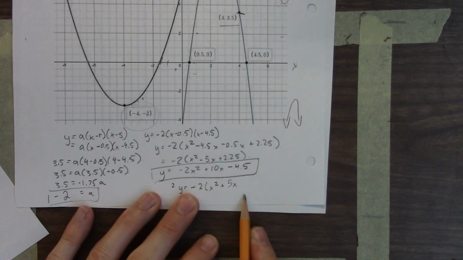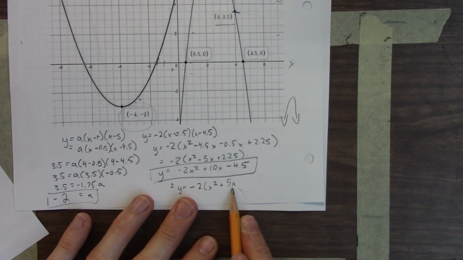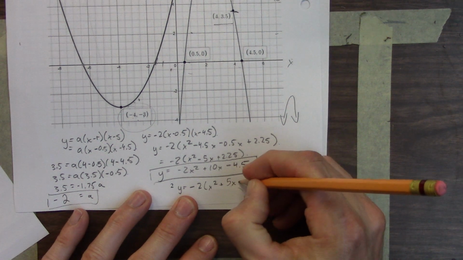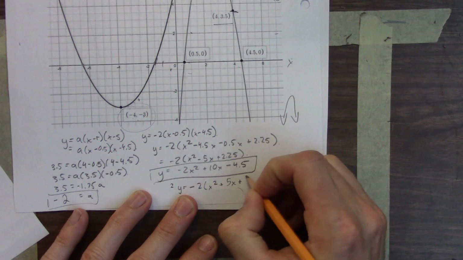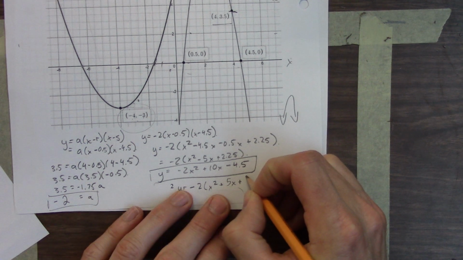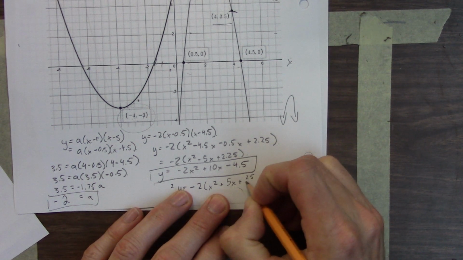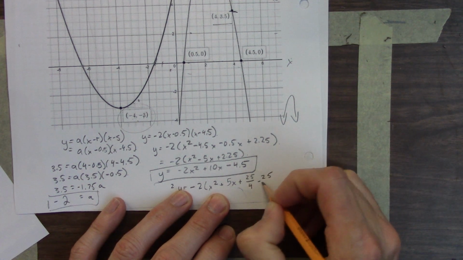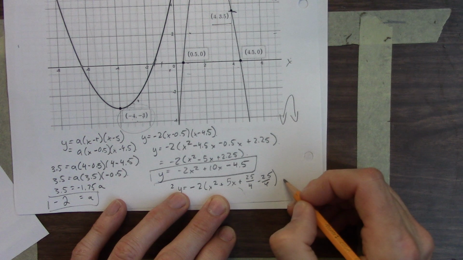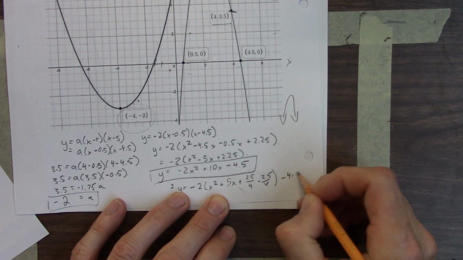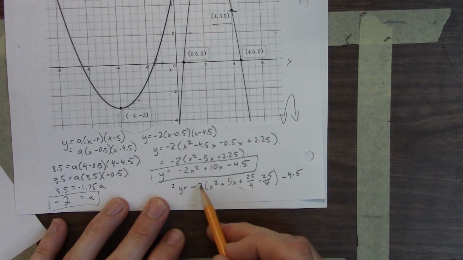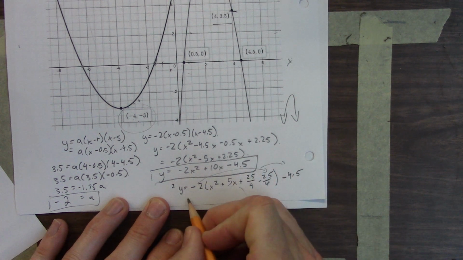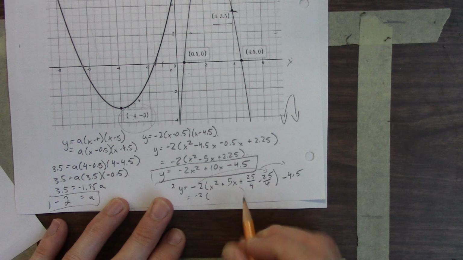Now we want to add half of this value squared. So it would be 5 divided by 2 squared, so 5 over 2 squared, 25 over 4. Minus 25 over 4, and then minus 4.5 on the outside. To release this last term, you need to multiply it by the negative 2 so it can go out of the brackets.